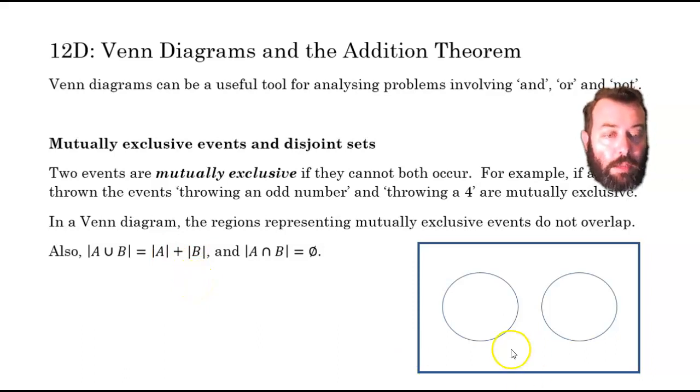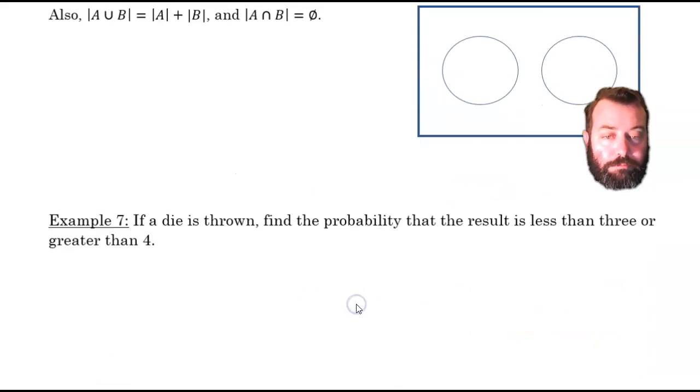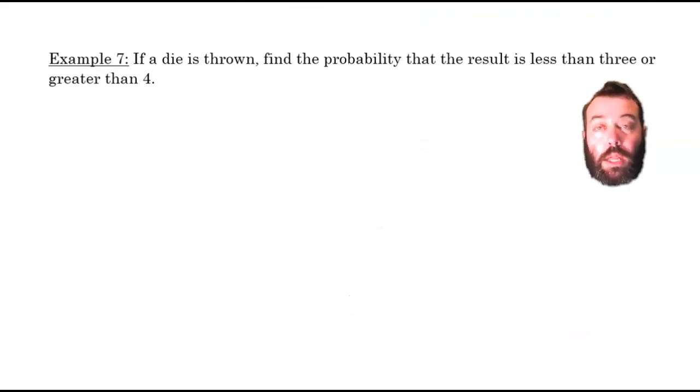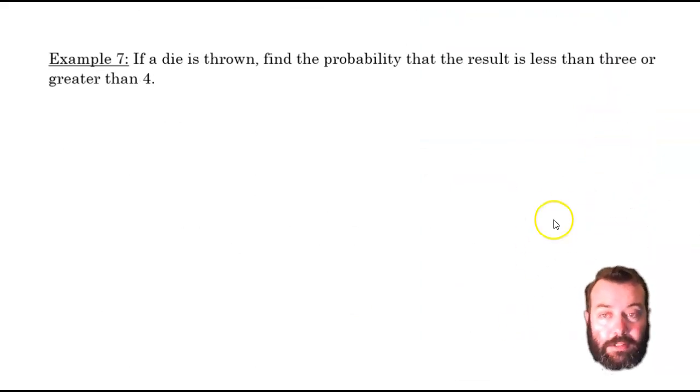Because they're distinct like that, they don't overlap at all, the size of the combination of those two is the size of A plus the size of B. The intersection of those will be the empty set, because there are no elements that belong to both. That's disjoint sets, or mutually exclusive events.